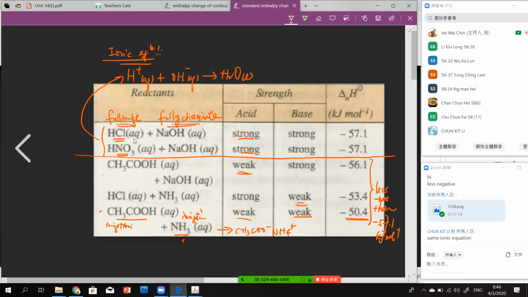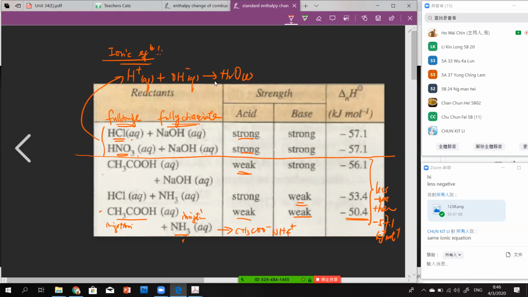So once it dissolves in water, the quantity of hydrogen ions and hydroxide ions is related to how many moles of acid and alkali have been added. So there is no energy consumption for the ionization or dissociation. In the solution, the hydrogen ion and hydroxide ion react together to form 1 mole of water.